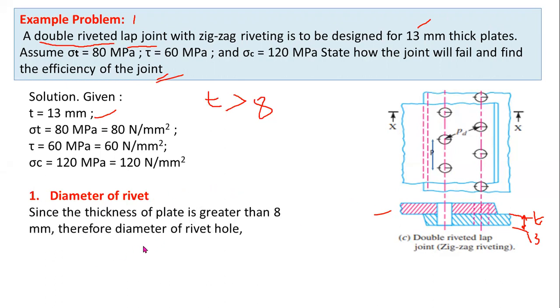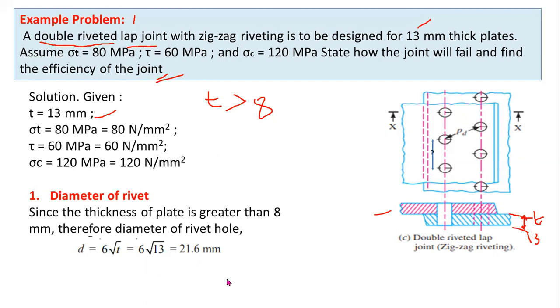Since the thickness of the plate is greater than 8 mm, the diameter of the rivet hole is obtained from the relation d equal to 6 root t. Small d is the diameter of the rivet, small t is the thickness of the plate. d equal 6 root t equal to 6 root 13 equal 21.6 mm. This is the suitable diameter of the rivet.